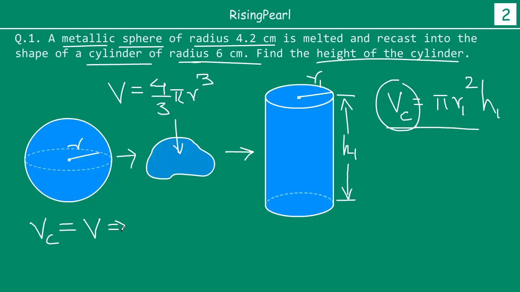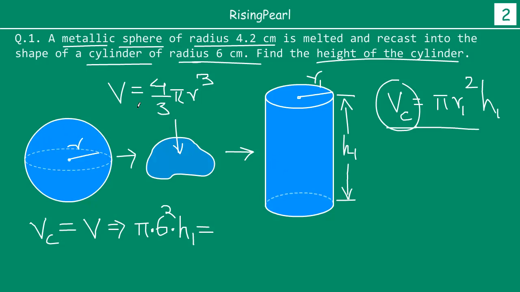The radius is given for the cylinder: it has a radius 6. So pi times 6 square times h1 must be equal to this volume, because this cylinder was made from this liquid metal which came from melting the sphere.